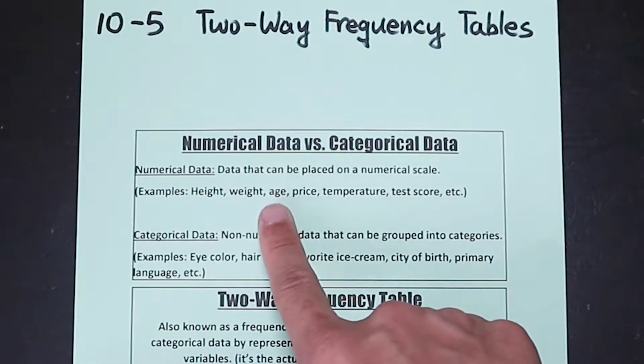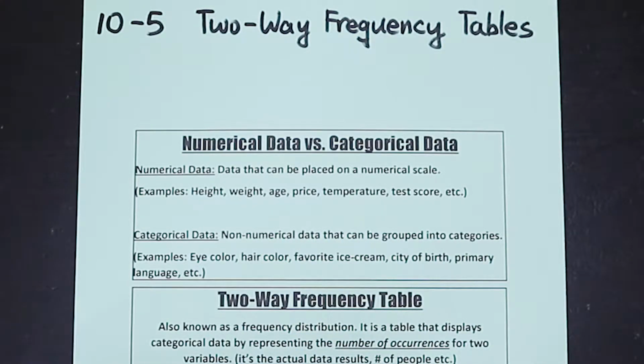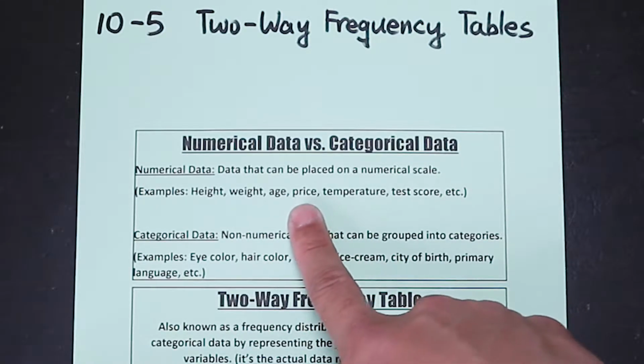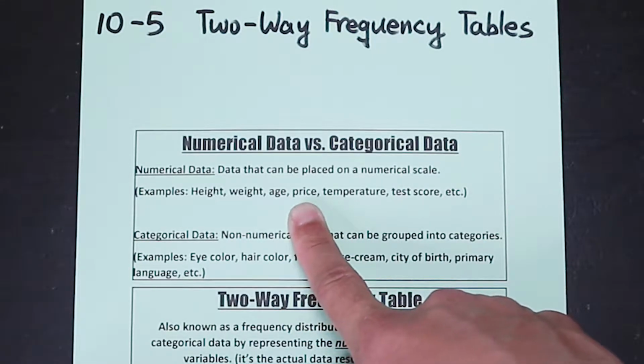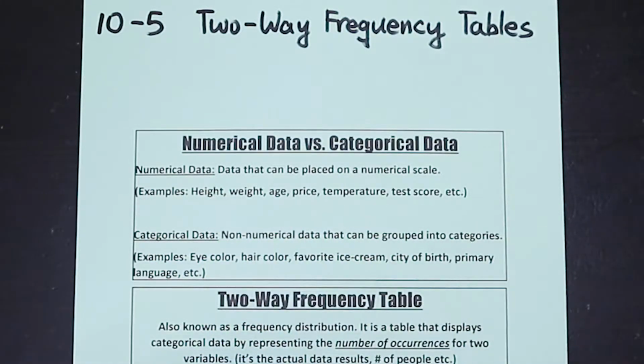If I were to ask you about your age, you'll be telling me a number: 15 years old, 30 years old, 60 years old. Or if I were to ask you how much does this item cost, you might tell me the price is $5, $6, $7. So any response that has a numerical value in it, we call numerical data.